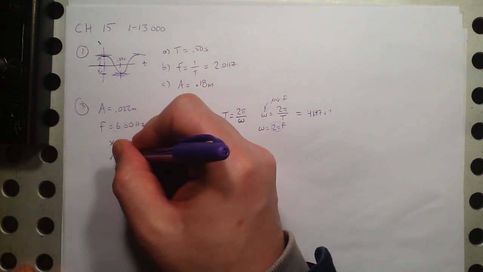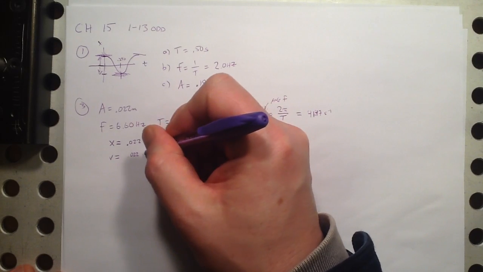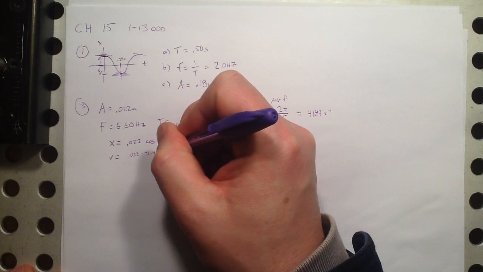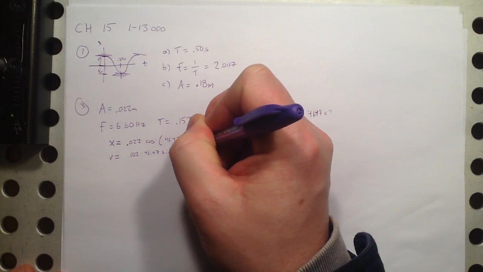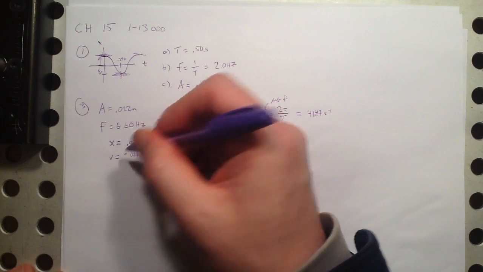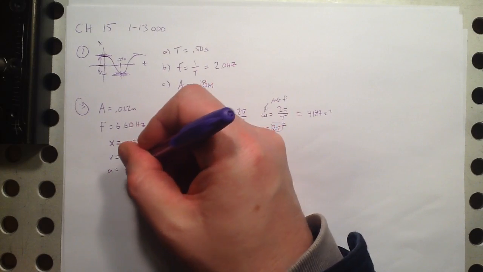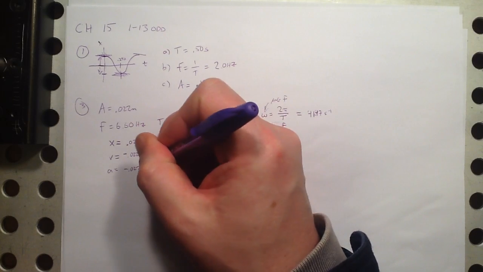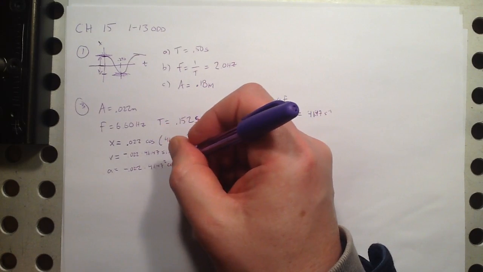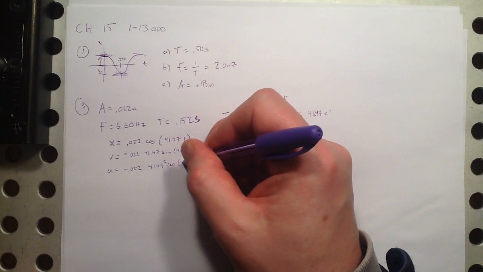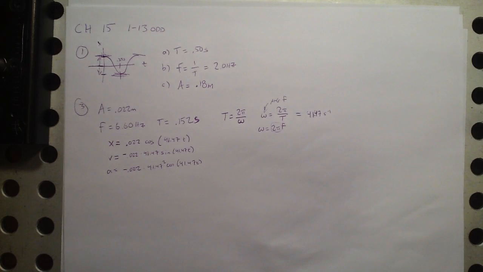And the velocity would be the derivative, that would pop out omega one time, and it's a negative sine function there. And acceleration is negative 0.022, this would pop out omega again, so now I have 41.47 squared times the cosine of 41.47t. So what's the maximum acceleration?